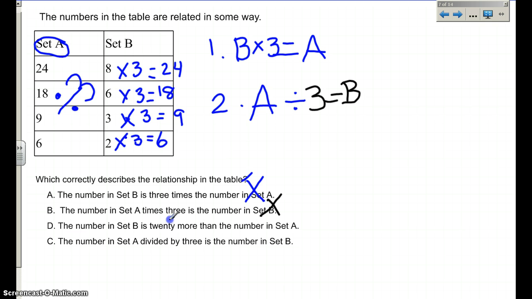The number in set B is 20 more. Well, I didn't even add, so that's not a choice. Okay, let's look at choice. Oh, look at C and D. Those are out of order over there.